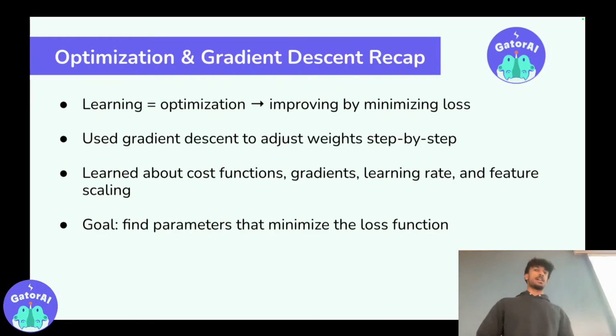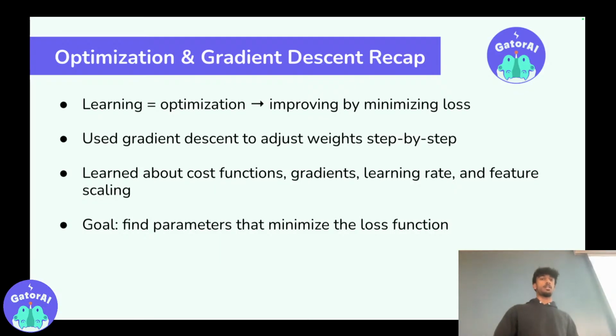We used gradient descent last week, which is our optimization workhorse to do this. Think of it like hiking down a very foggy mountain while blindfolded. You can't see the bottom, but you take small steps, and you know you're going down the mountain, not up. That's pretty much what it is. You keep repeating it until you reach the lowest point, or in our case, the minimum loss.